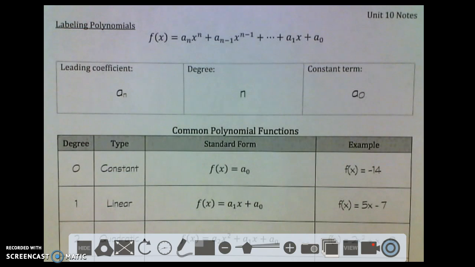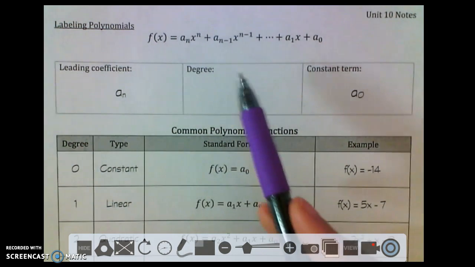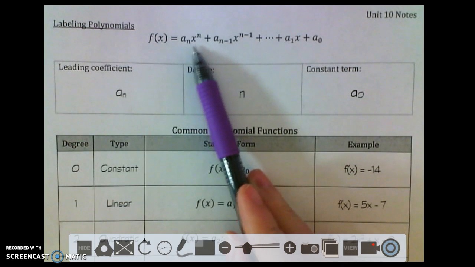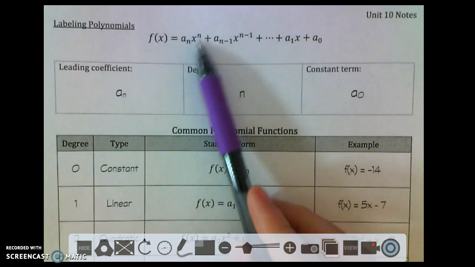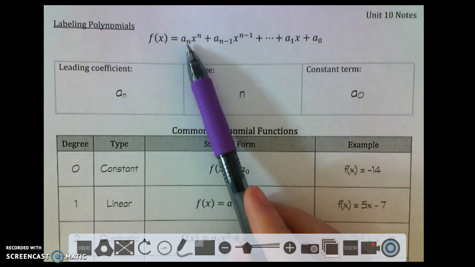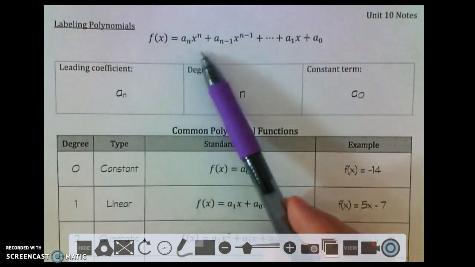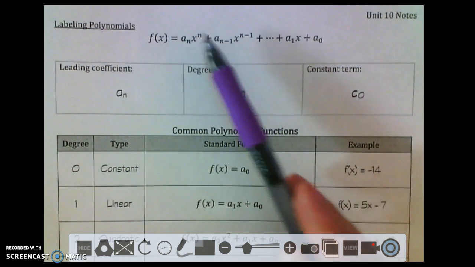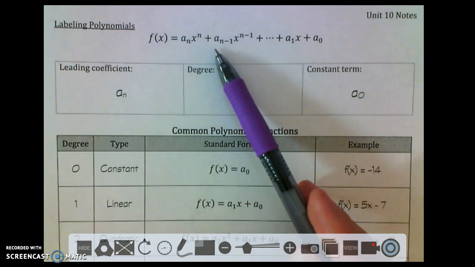Now we'll talk about labeling polynomials. Specifically the parts of the polynomial as it's written in standard form, where we have a sub n times x to the power of n. Now a sub n is just a number, and those a terms are all of our coefficients. The sub terms here are just to help us designate them from one another.